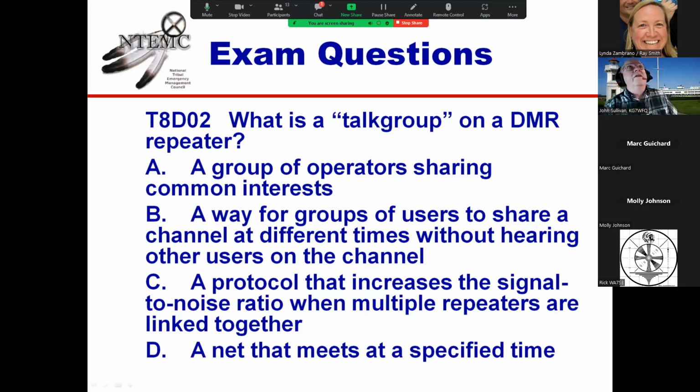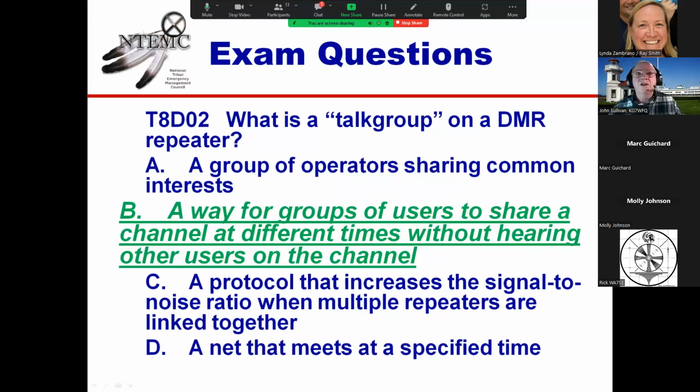But another advantage of DMR is that you can have what are called talk groups, which is basically a way of selectively listening to a particular frequency on a particular time slot, so that you have a group of operators listening on the same channel without hearing everybody else. So the answer is B. It's a way for groups of users to share a channel at different times without hearing the other users on the channel.